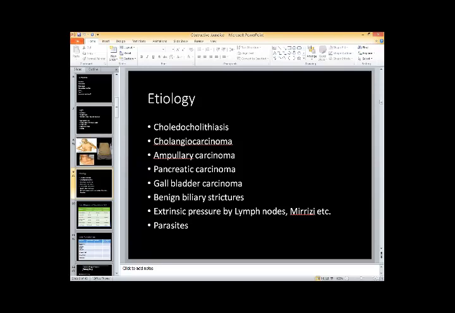So these four are common malignant conditions leading to obstructive jaundice. The commonest is benign, stone in the common bile duct, then the malignancies: pancreatic cancer, ampullary cancer, gallbladder cancer, cholangiocarcinoma. These are the four cancers which can cause obstructive jaundice.